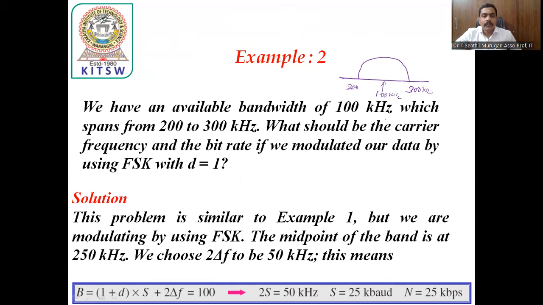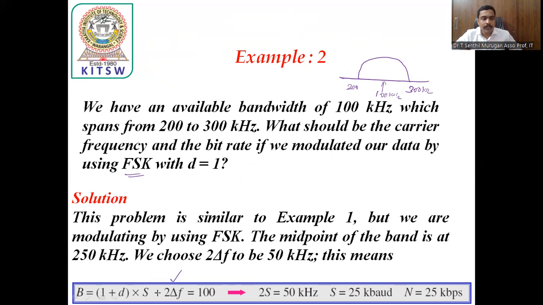What should be the carrier frequency and bit rate if we modulate our data by using FSK? The previous example used amplitude shift keying, ASK. Here they are asking frequency shift keying, so here we add an extra 2 delta F.